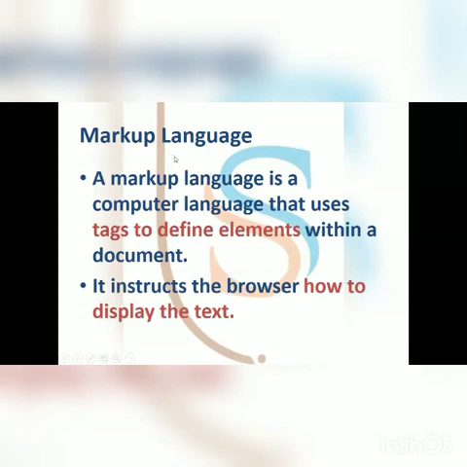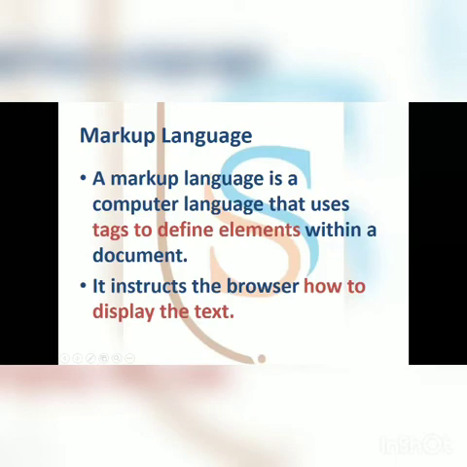Now the next one is markup language. HTML is not a programming language. HTML is a markup language. Markup language means it is a computer language that uses tags to define the elements within a document. For example, we use English or Hindi to communicate with each other.